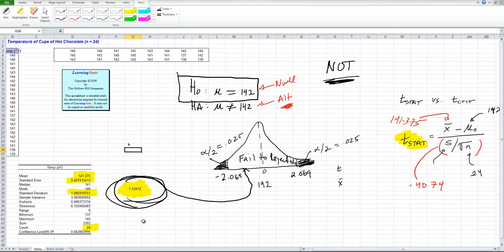If I use the formula called T.DIST, I simply plug in the x value as the value of my t-stat, degrees of freedom 23, and tails, this is a two-tail test.